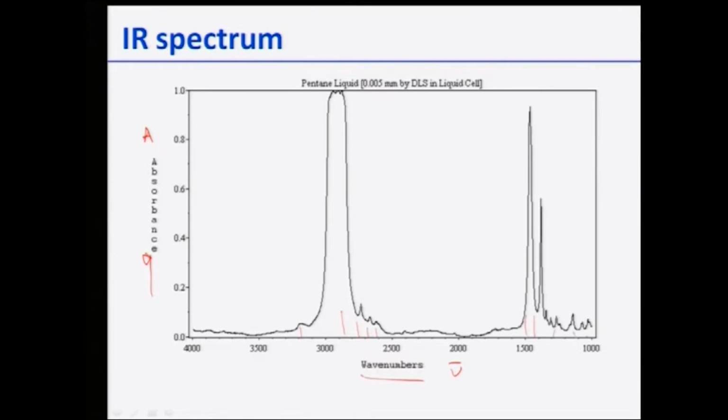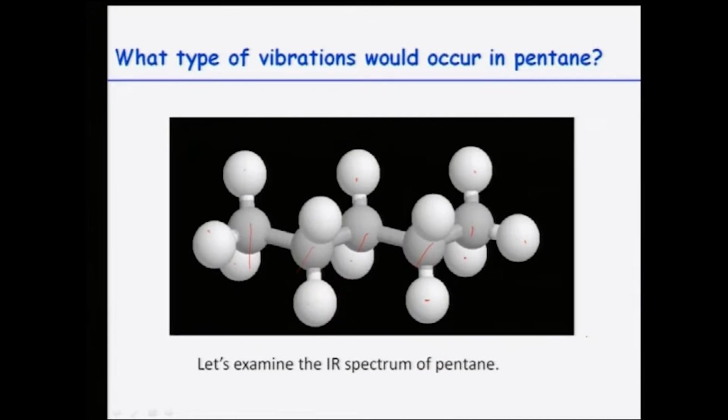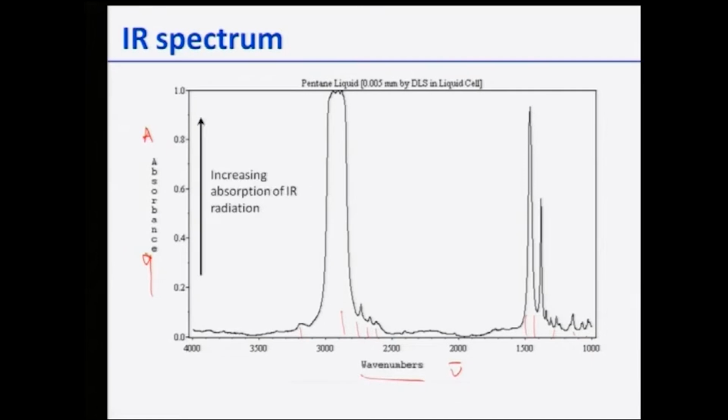By looking at these peak positions, one can easily determine the question I have already asked: what kind of vibrations will take place in this molecule. As you go up in the absorption of IR radiation, what happens?